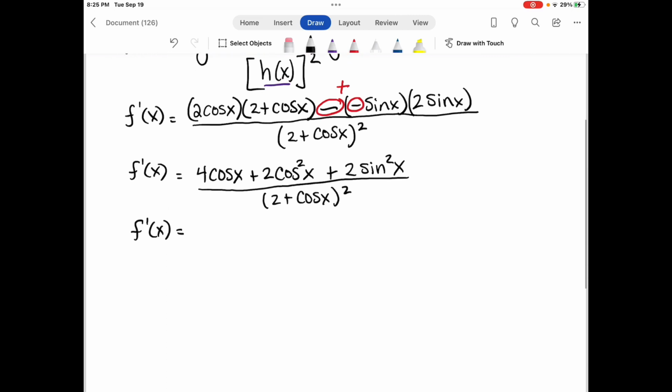Okay, let's keep simplifying this. I am going to pull out, because I recognize that I have a very famous identity in here. I'm going to pull out the 2 that's here and here. I'm going to factor that out. So I have 2 times cosine squared x plus sine squared x.